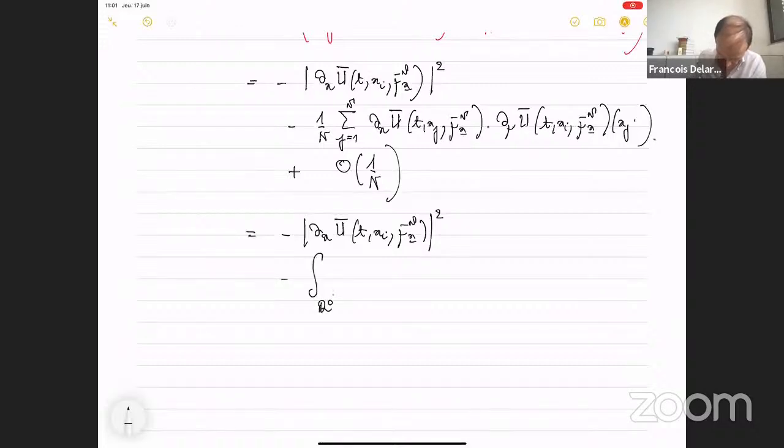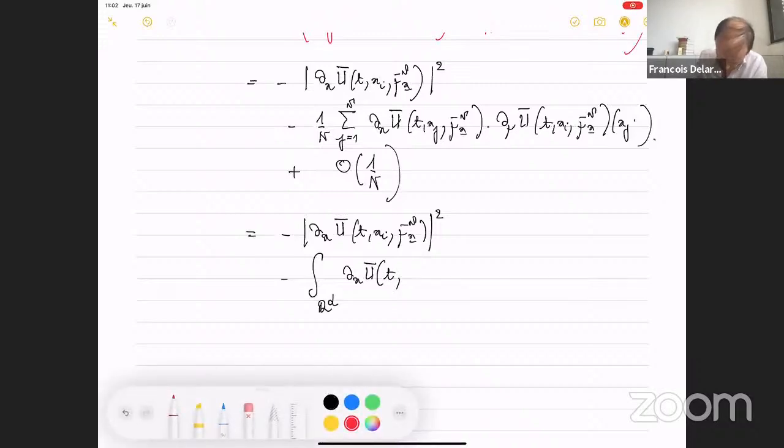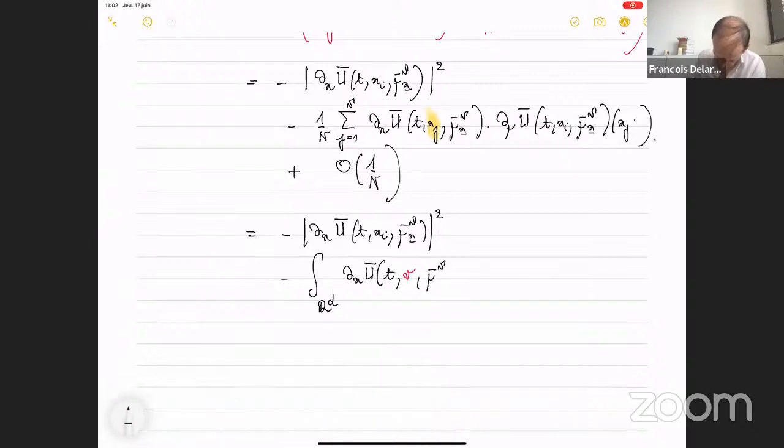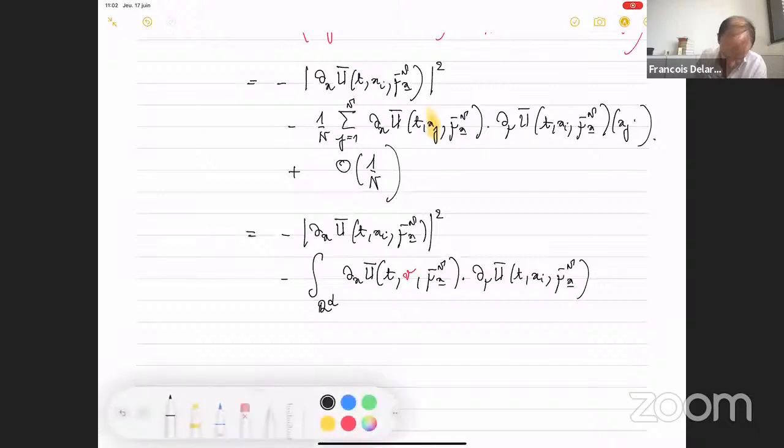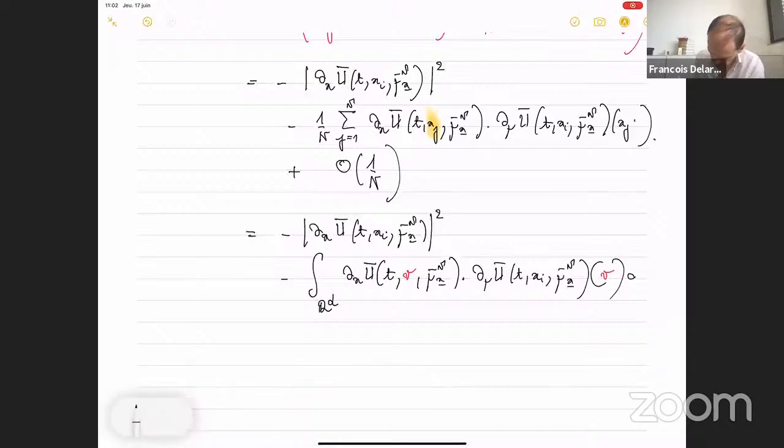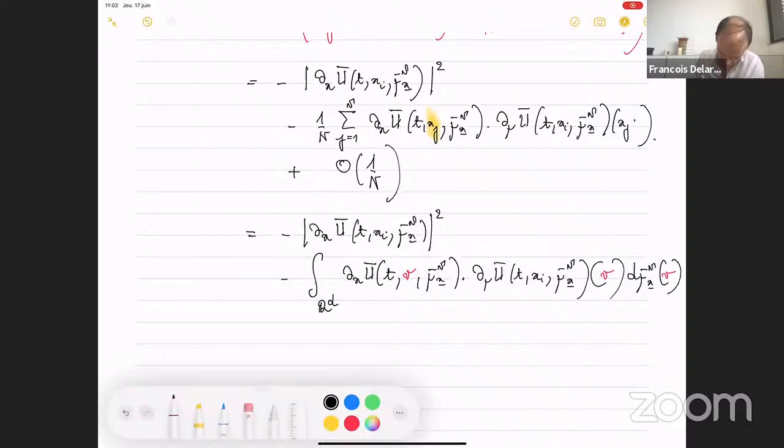So I take the integral over R^d of dx u underline t, and then I have this variable xj, I say this is v, then mu bar N x underline, d mu u bar t xi mu bar N x underline, and then this is v, d mu bar N x underline of v, plus capital O of 1 over N.